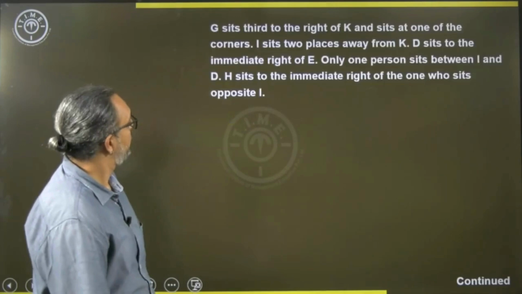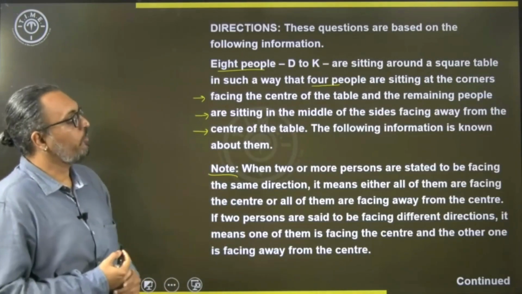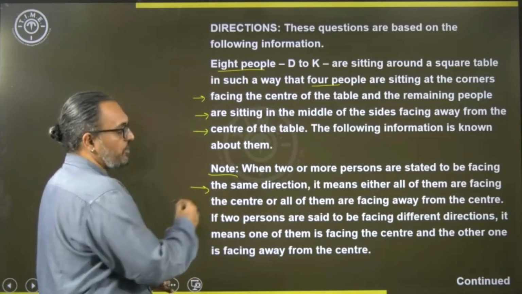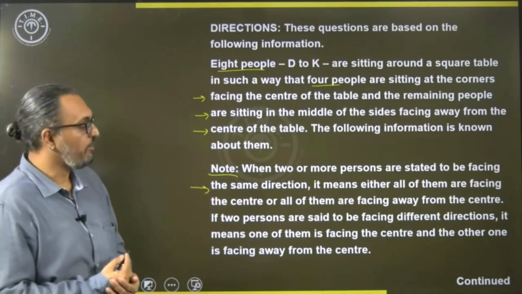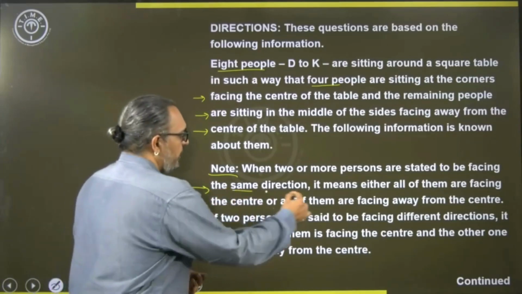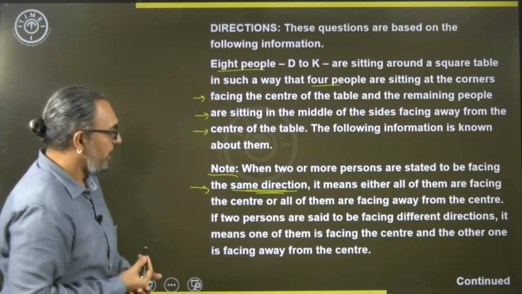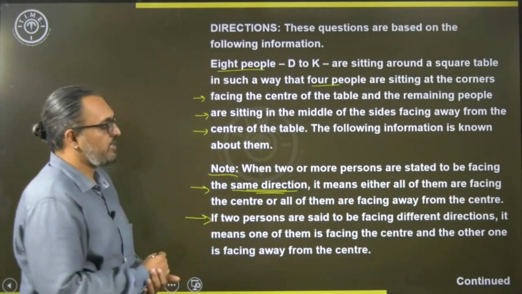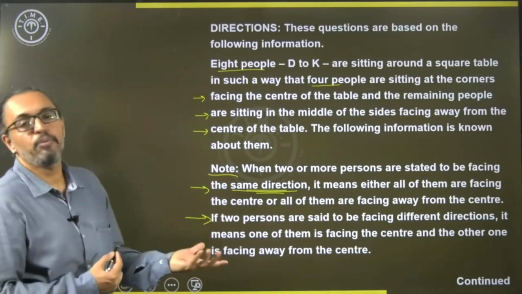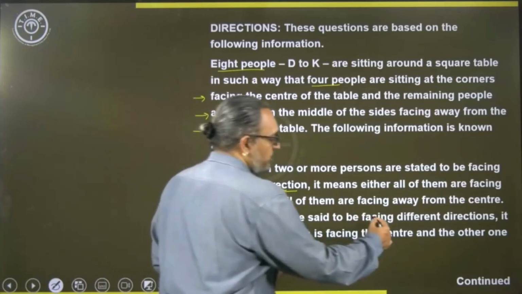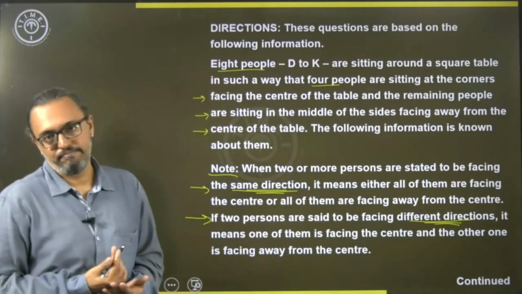Now, we have a note that says when 2 or more persons are stated to be facing the same direction, it means either all of them are facing the center or all of them are facing away from the center. So basically, what is meant by same direction is being explained to you here. And also, if 2 persons are said to be facing different directions, it means one of them is facing the center, the other should be facing away from the center. Now, what is meant by facing different directions is being explained to you here.